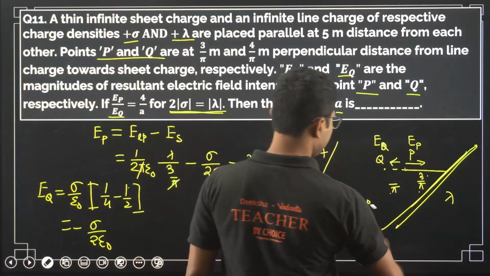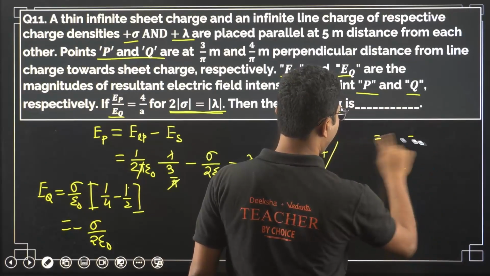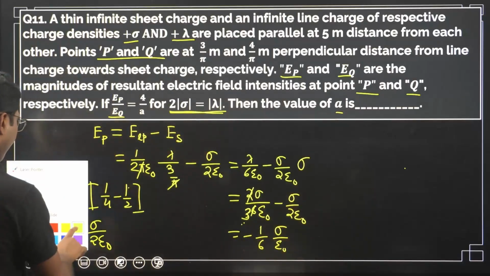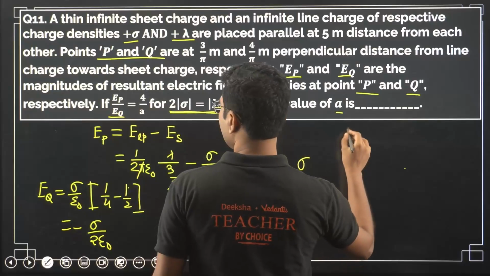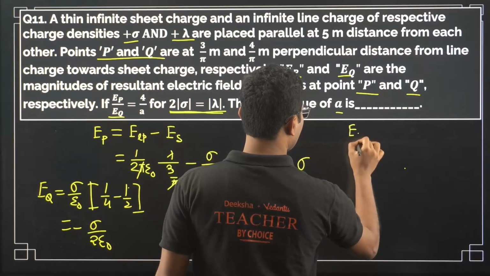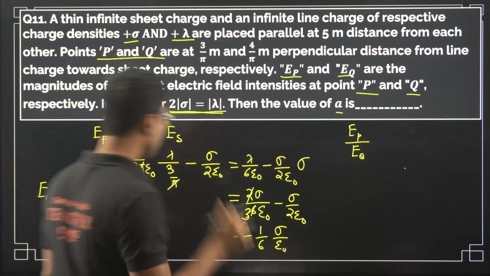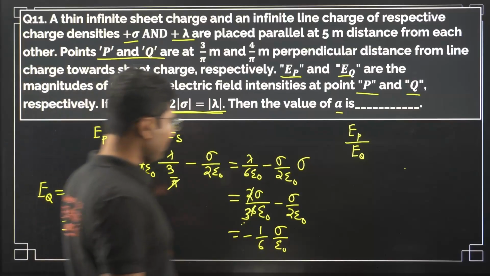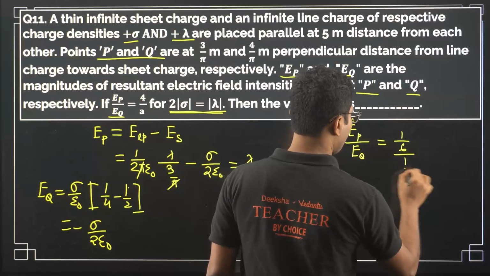Let me erase this. So now let's divide it. So what do we get? EP by EQ equals 1 by 6 divided by 1 by 2.